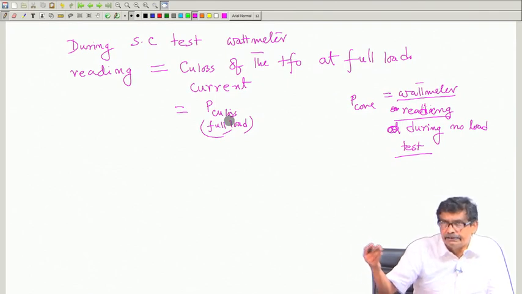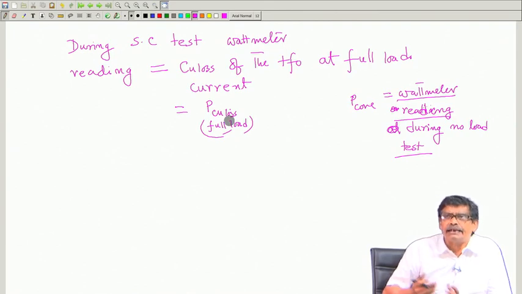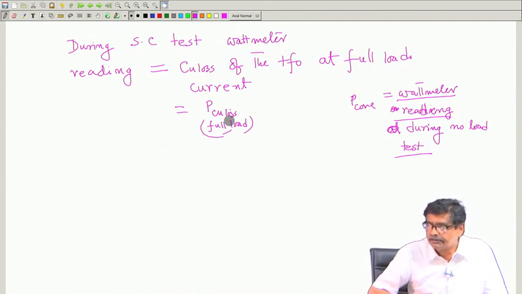So, I can connect across the secondary of the transformer such an impedance that it carries half the rated current or 75% of the rated current, what not.